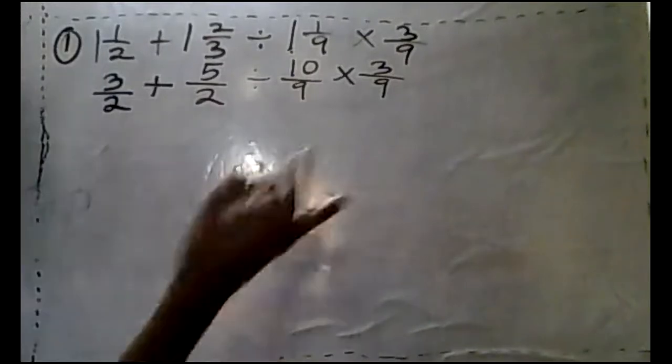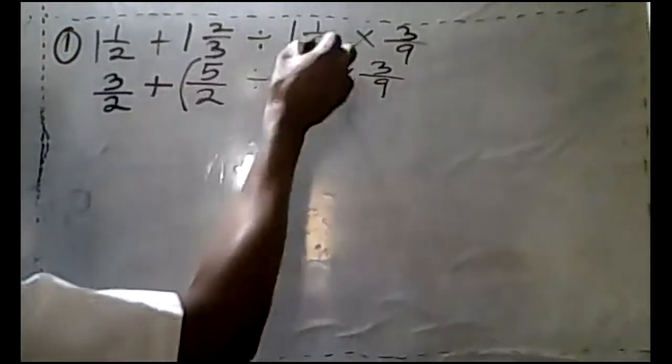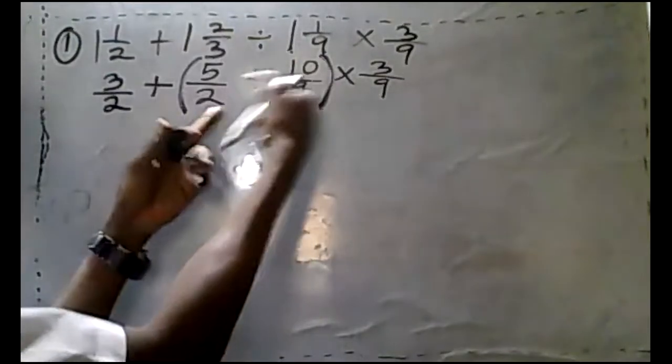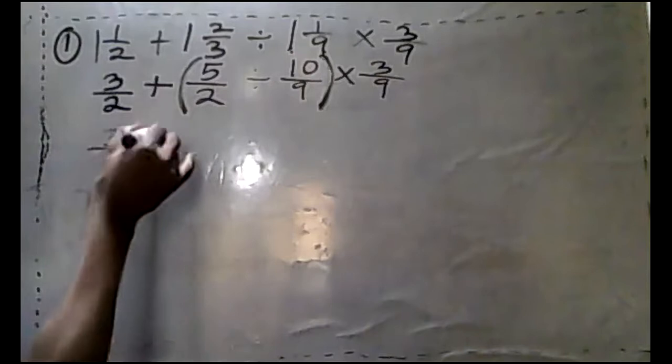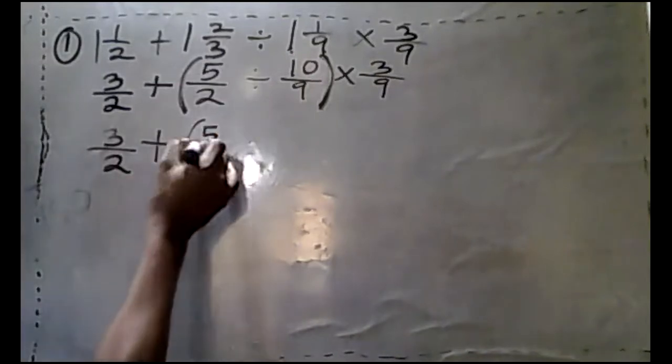Division. So we're going to do division first, this guy. It is wise for you to bracket it this way, so you will know that you are doing the sign here first. So what you do is start from the beginning here, write your 3 over 2, put your plus, then your bracket, write your 5 over 3.